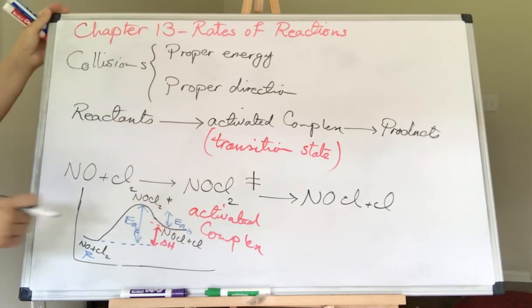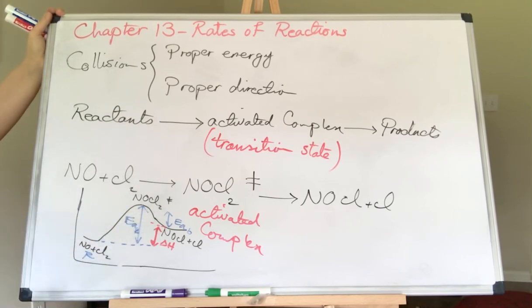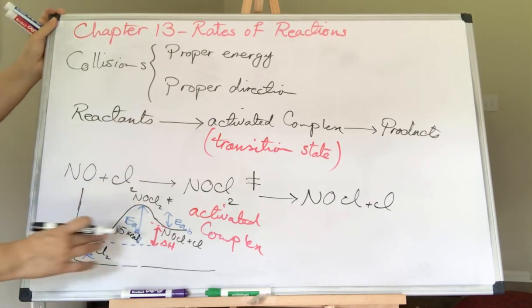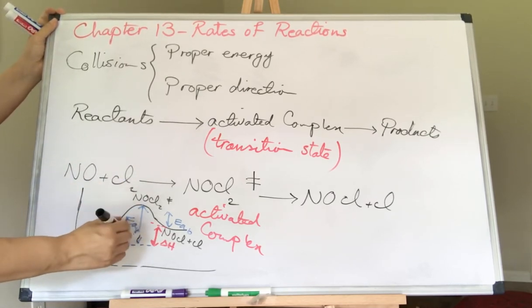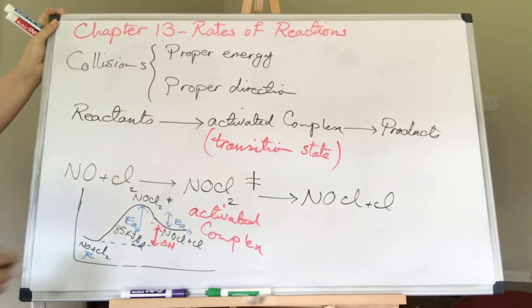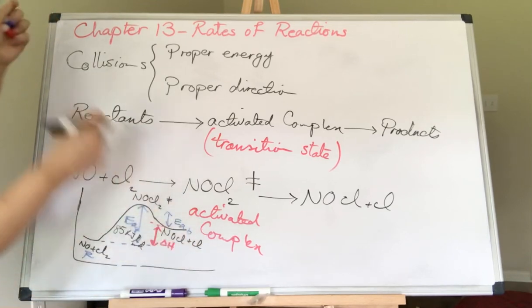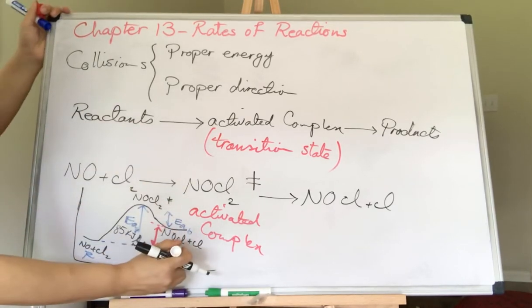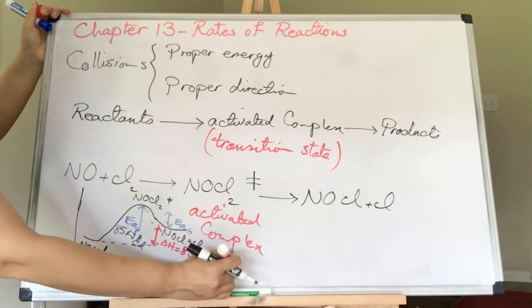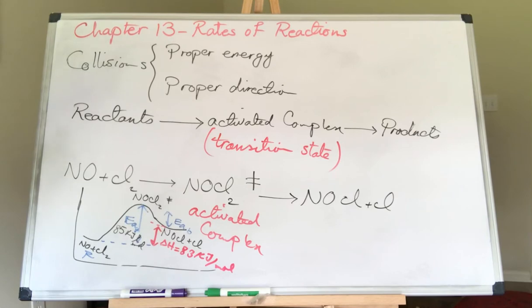And you should be able to calculate the numbers. So if the activation energy is given to you on slide number 74, if the activation energy here is 85 kilojoules per mole, and if delta H is 83 kilojoules per mole, can we calculate the activation energy for the backward reaction?